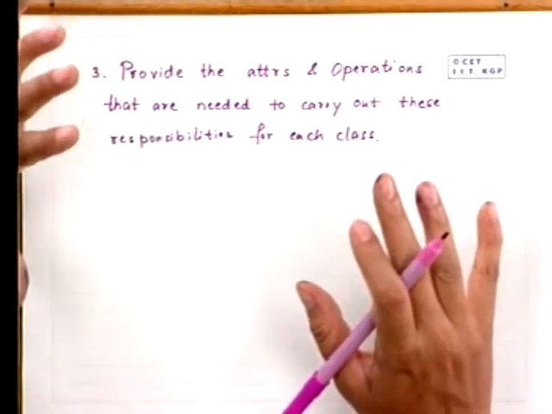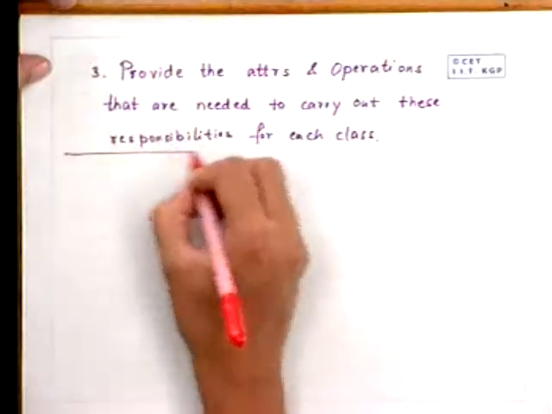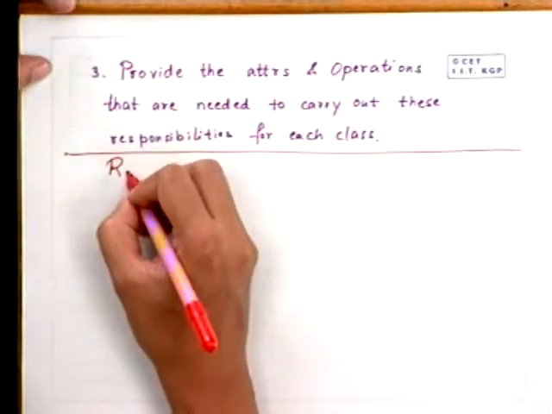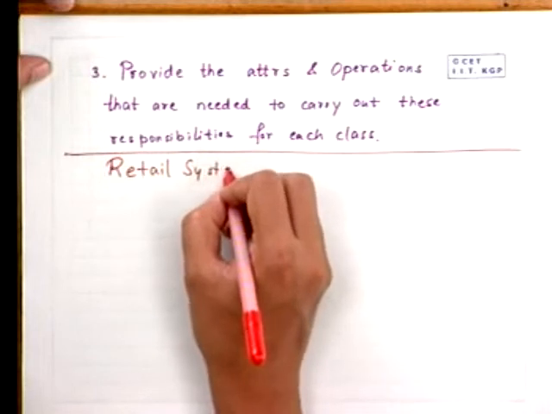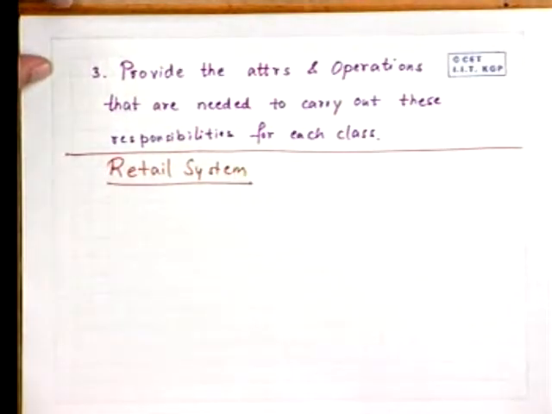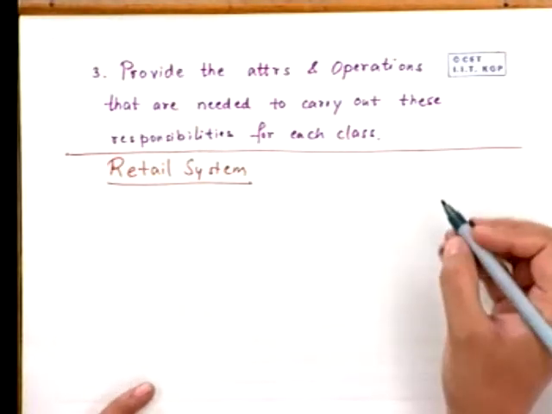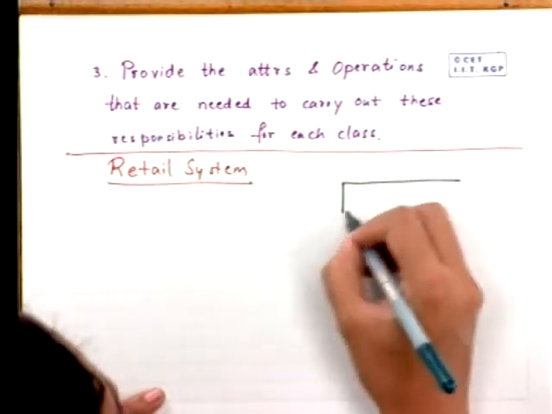Now, let us look at the set of objects that we will require to model a retail system. So, we have a retail system. Let's identify some of the objects. The one object is the warehouse.